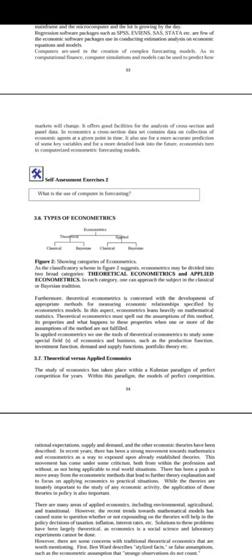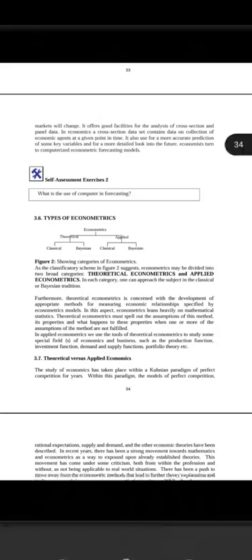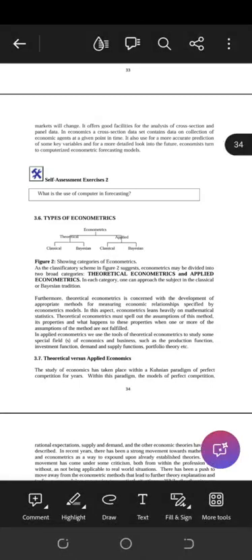Cross-sectional data is data that contains different variables at the same time period. Did they define it for you? Okay. So I'm just telling you, cross-sectional data is data that contains different variables at the same time period.